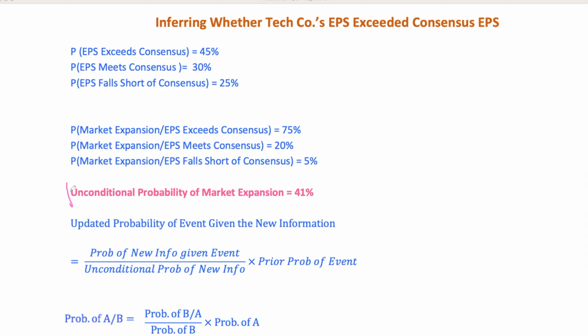First, we will calculate the unconditional probability of the company's market expansion by combining these conditional probabilities with our prior probabilities using the total probability rule. This is 41%. This is the total probability rule in action.